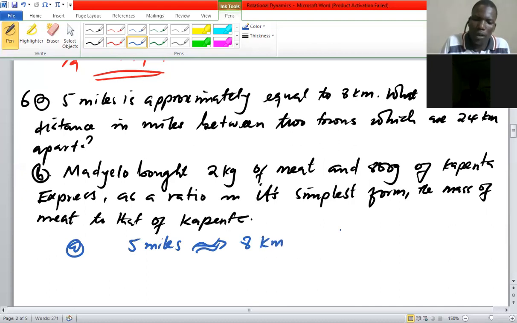And then we have two towns whose distance between is 24 kilometers. So now we are looking for this distance, 24 kilometers, in miles.